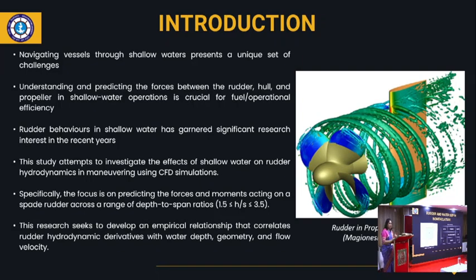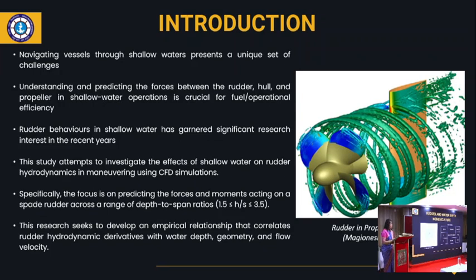For these water depths we figure out the different rudder forces directly, and from them we fit curves to extract Y delta, and from Y delta we fit a curve for various water depths to get a regression fit that gives a ready-made value of a rudder derivative for any water depth.